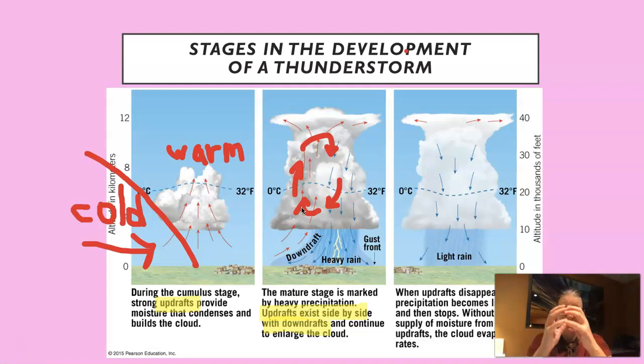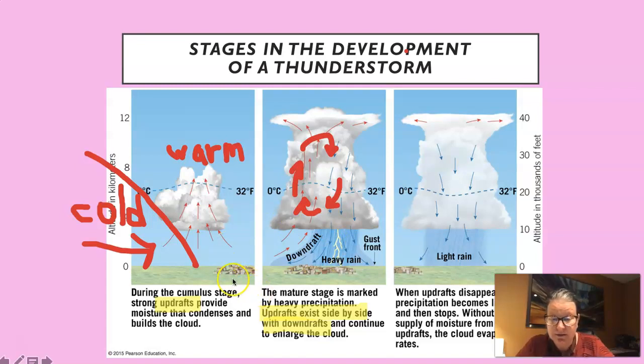Remember, hail is like a concentric ball of ice. Until it's too heavy for the winds to carry it around, it's going to continue to grow. Once it's too heavy for the winds to carry it up, it's going to fall. So this is the very intense part of the storm where the storm clouds will grow, and this is where we can have tornadoes, which we'll talk about in our next video.